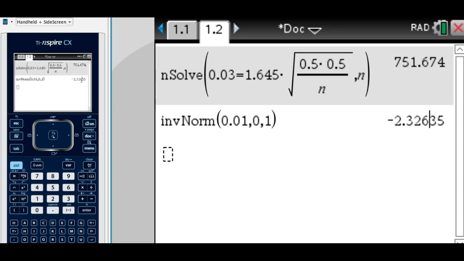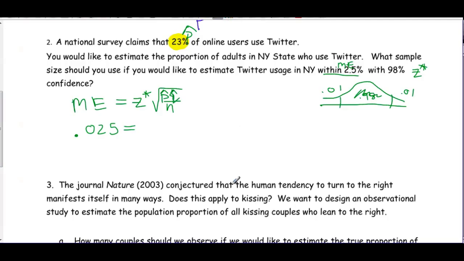Okay, so we're going to toss that in there. There we go. So we have 2.326, and then it's the square root of our p hat that we're going with.